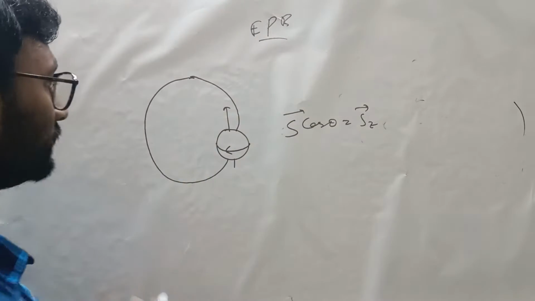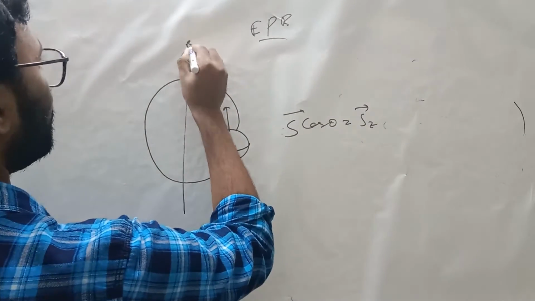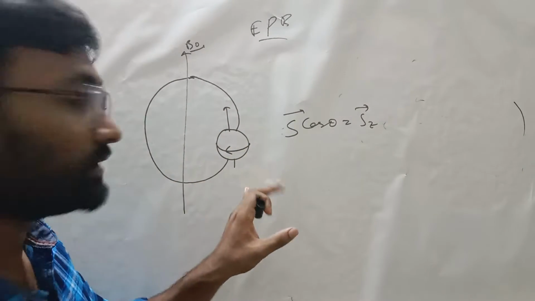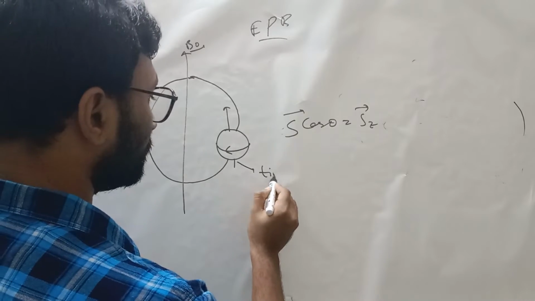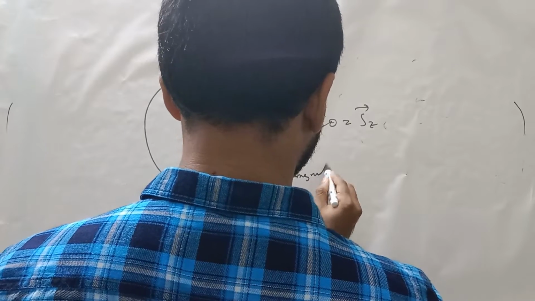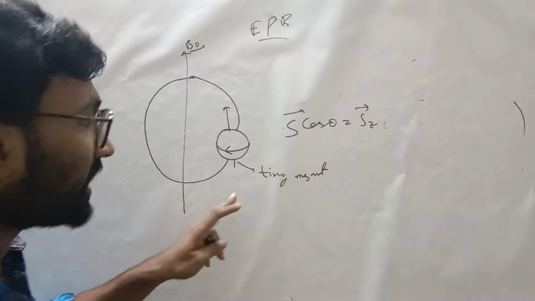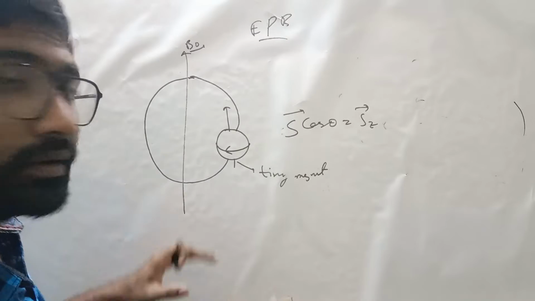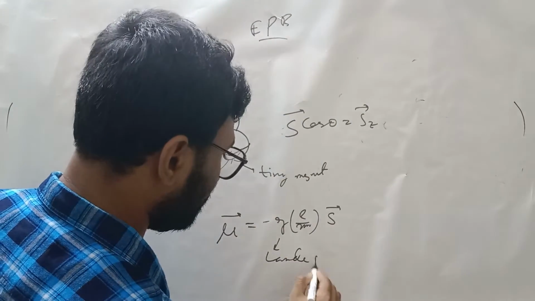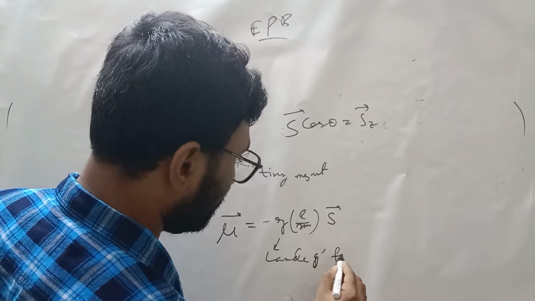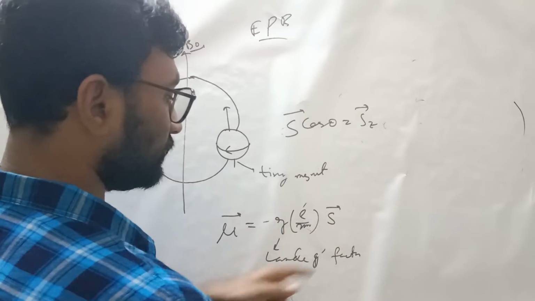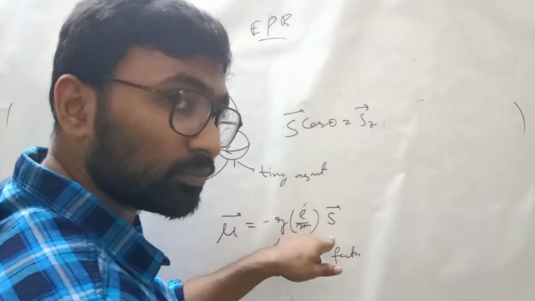The electron is rotating, and we apply a magnetic field, so it behaves like a tiny magnet. As it behaves like a tiny magnet, it should have a dipole moment vector, where this is the Landé g factor, this is the mass of the electron, this is the charge, and this is the total angular momentum.